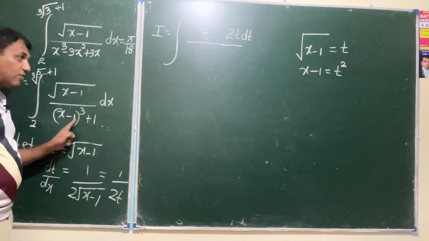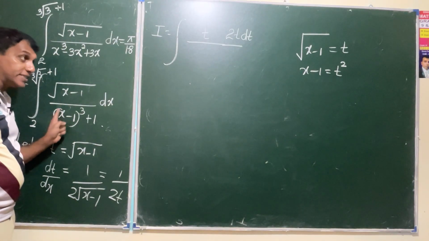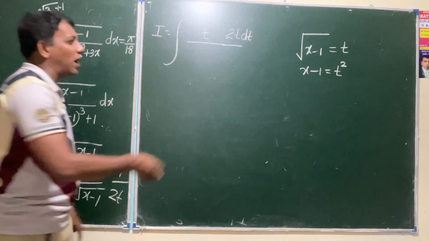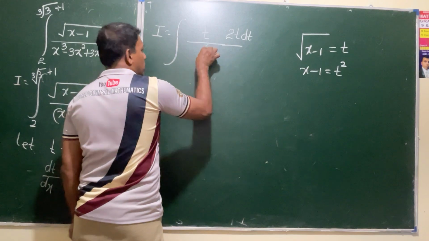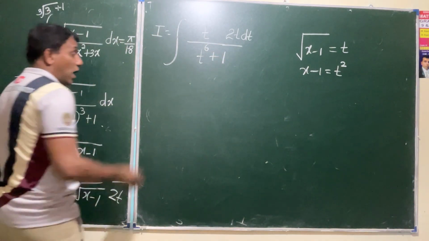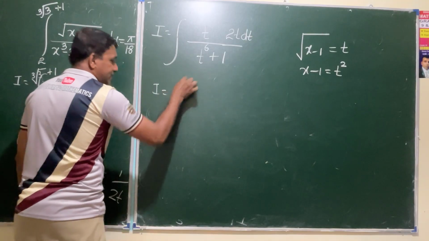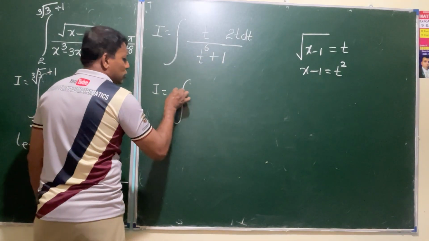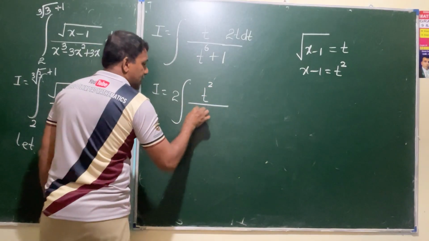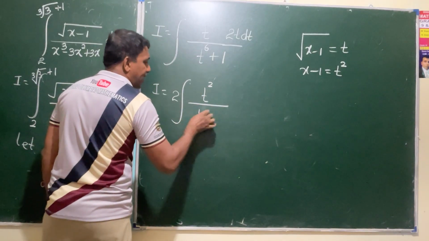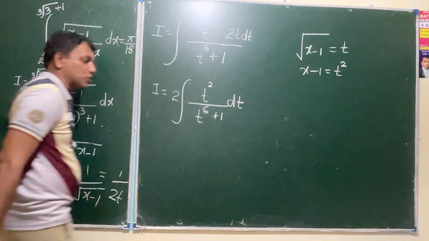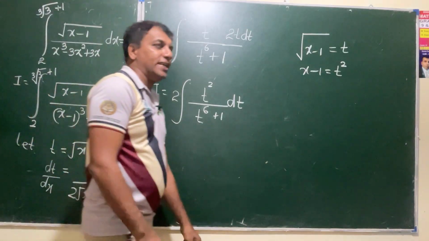Therefore x minus 1 cubed is t square to the power 3, which is t to the power 6, plus 1. So the problem becomes: I equals the integral, taking the 2 out, of t square over t to the power 6 plus 1, integrated with respect to t.